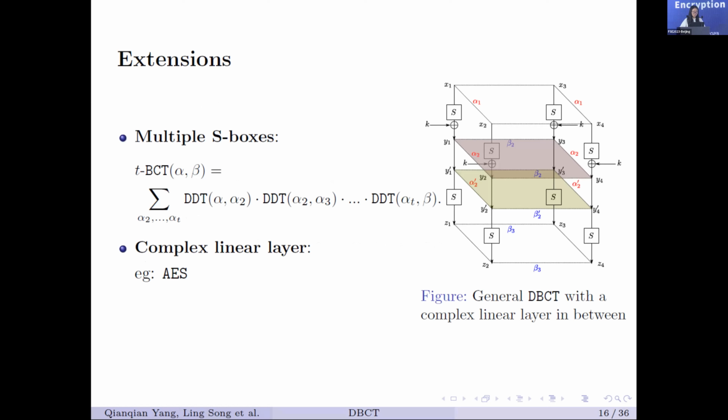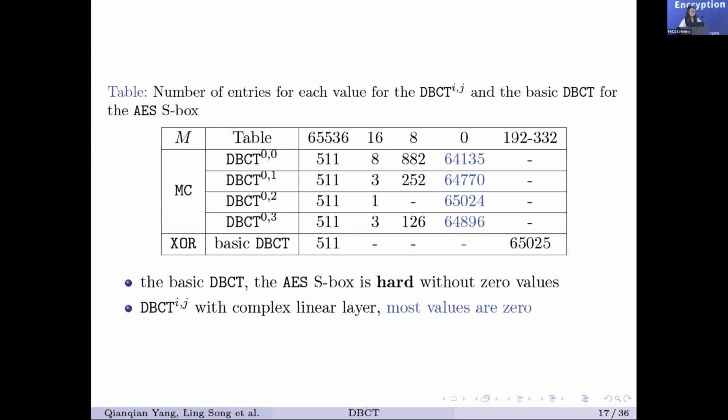The second one is that we get some property about block ciphers with complex linear layers, such as AES. This table shows the number of entries for each value for the DBCT used in AES and the basic DBCT for the AES.